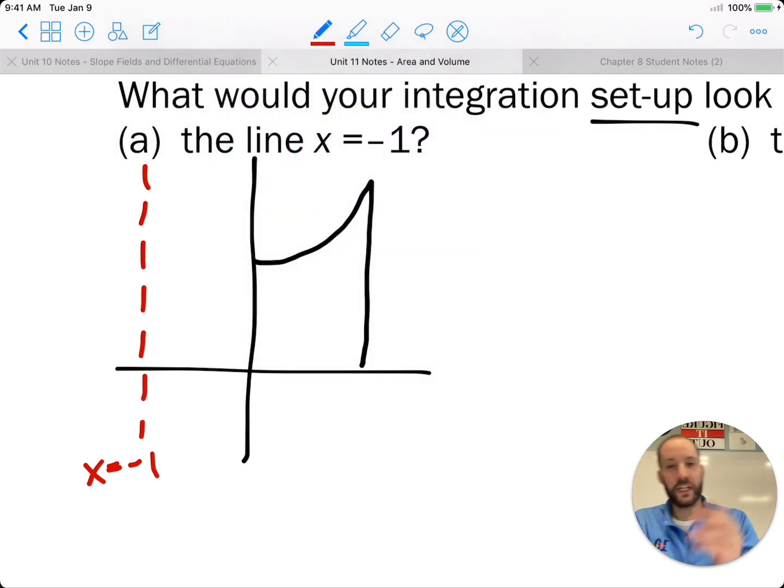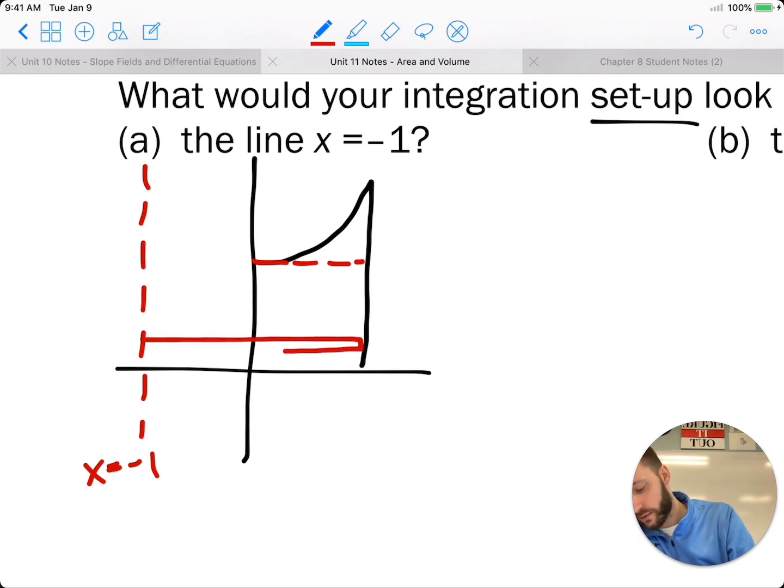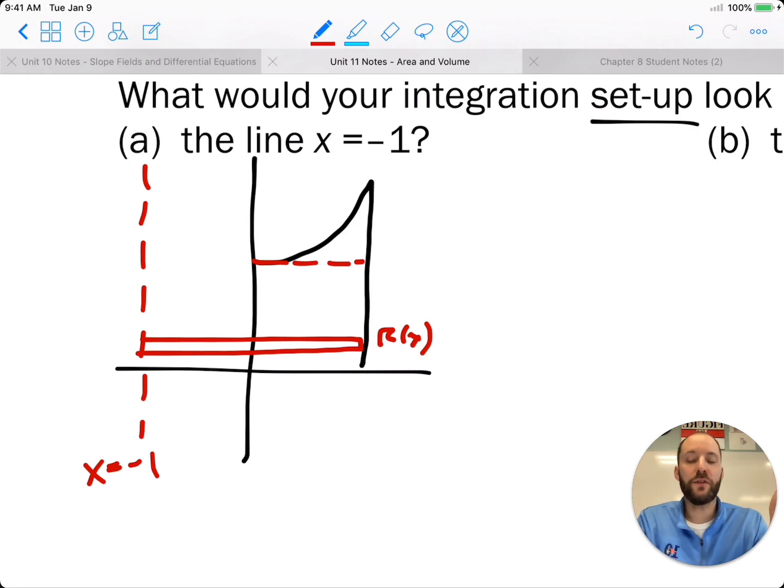One of them is still that region from 0 to 1. So right there, big R is going to be right there. Little r, again, from the axis of revolution to the near side of your region.